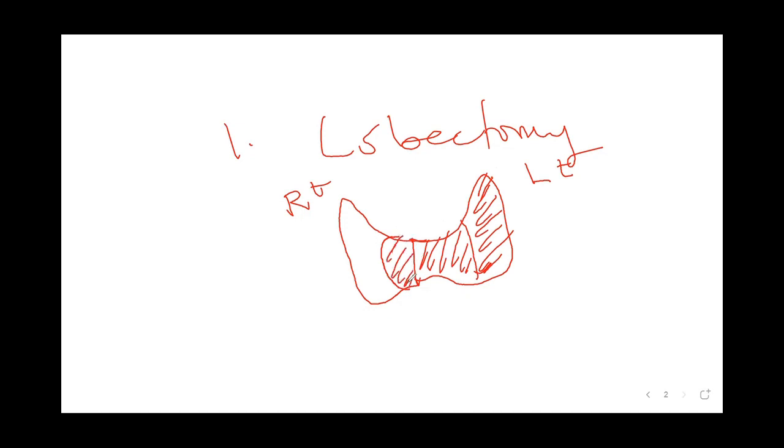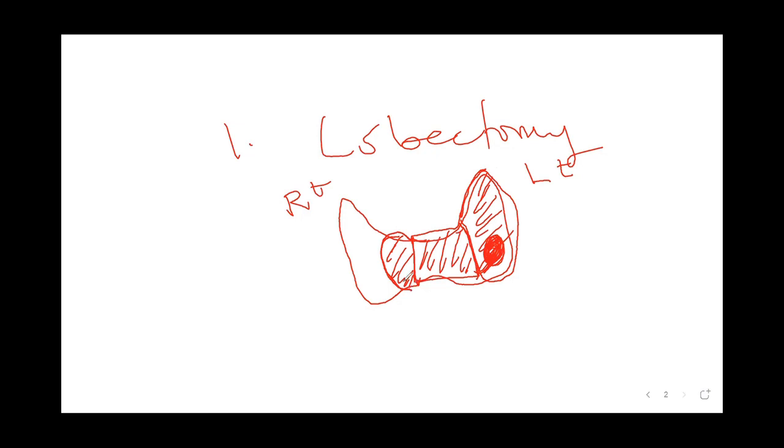That is lobectomy. Assume this is the disease, you want to remove the entire lobe, the isthmus, and you now take a cuff of tissue from the contralateral lobe.